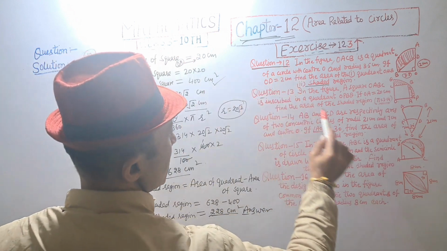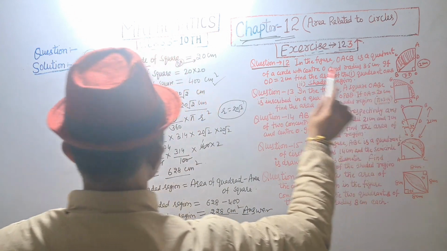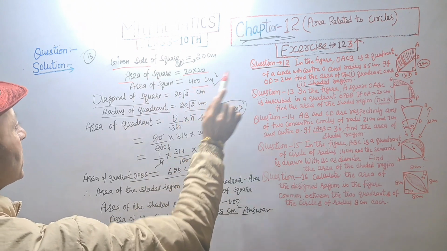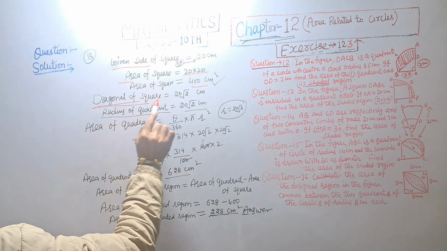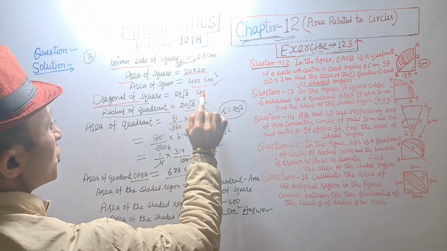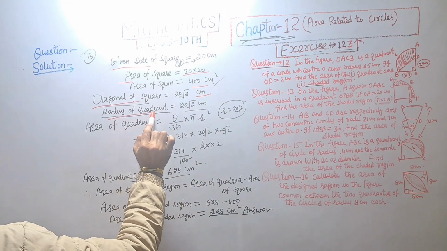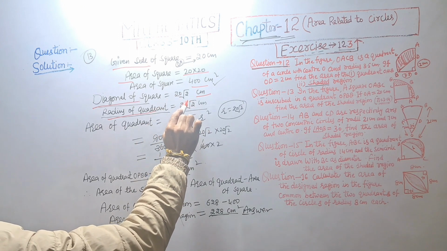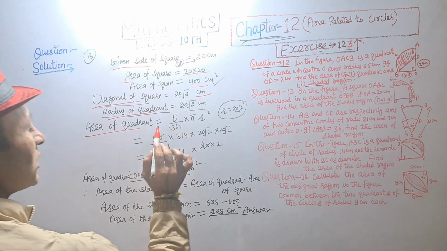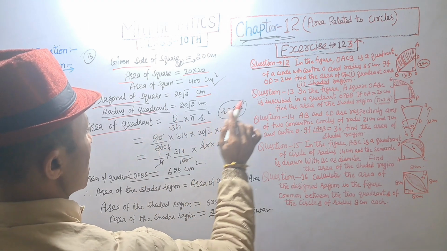Given side of square OA is equal to 20 centimeter and area of square is side into side, that is 400 centimeter square. Diagonal of square is side root 2 centimeter, and radius of quadrant is equal to 20 root 2 centimeter. Area of quadrant is theta upon 360 into pi r square.